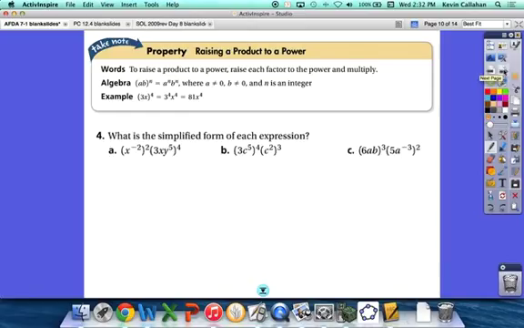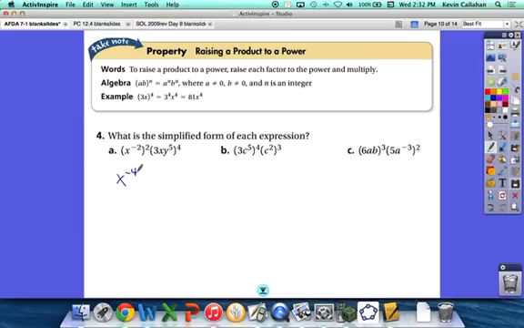Okay. So now what's different about this property? Because this first one, x to the negative 2 squared, we're going to do what we did on the last slide, right? What's the operation between those two? So multiply. So that's x to the negative 4th. But what's different here is that you've got more than one factor inside parentheses. So you're raising everything inside to the 4th power.